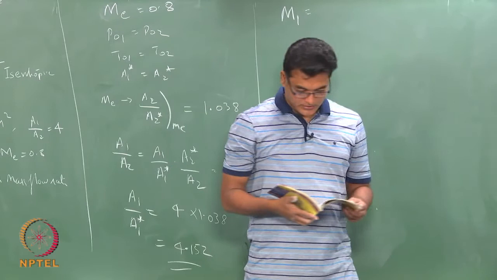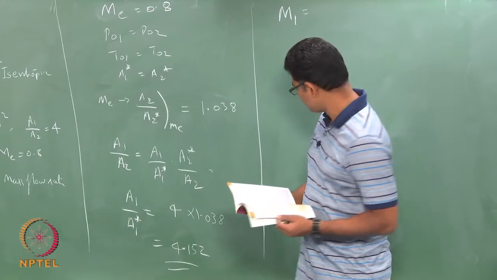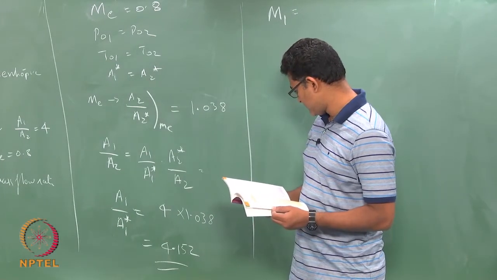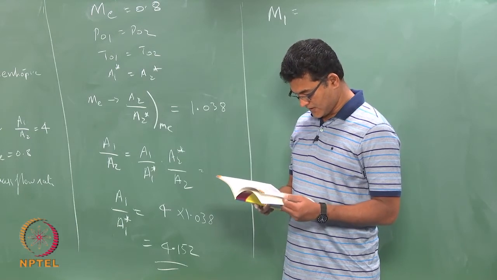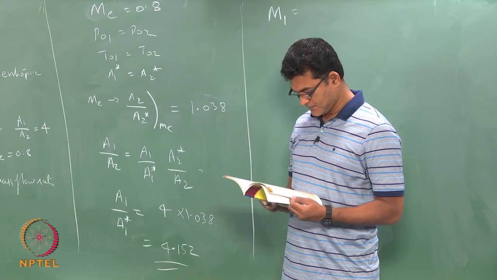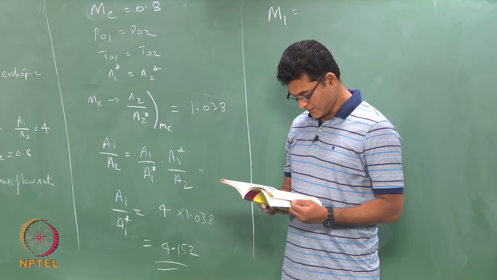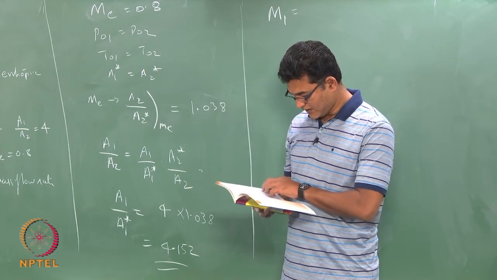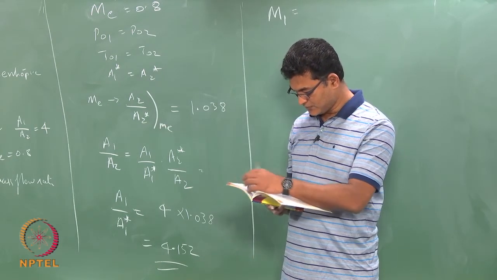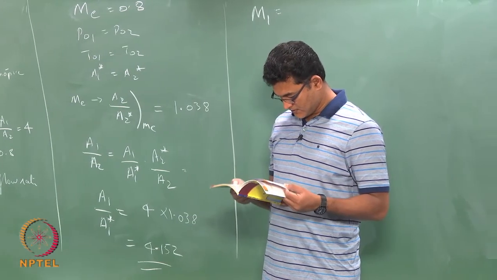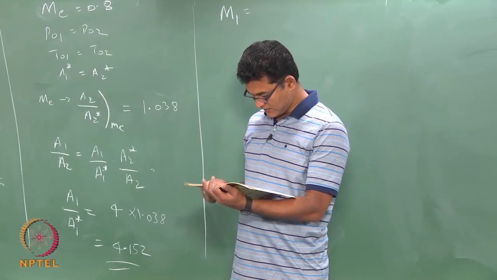So, if I look at the area ratio 4.15, I should be careful here because I will have two solutions, one is supersonic, one is subsonic.